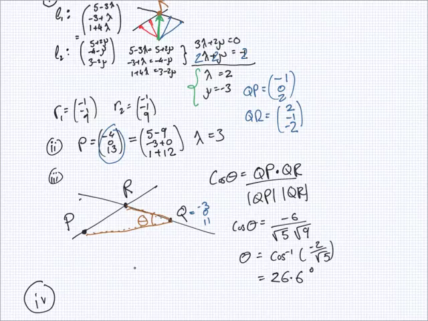In fact, you could have used 1, minus 1, minus 2 instead of QR, because it's a vector like this one, which is perhaps smaller, although it doesn't affect the angle. You get the same answer.